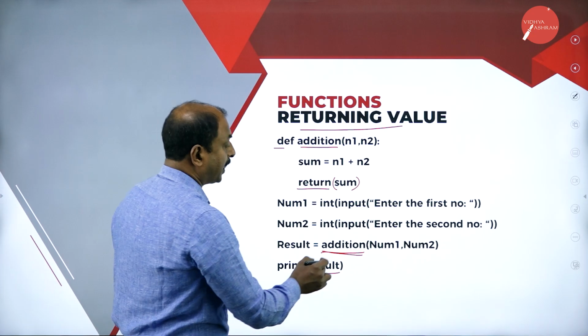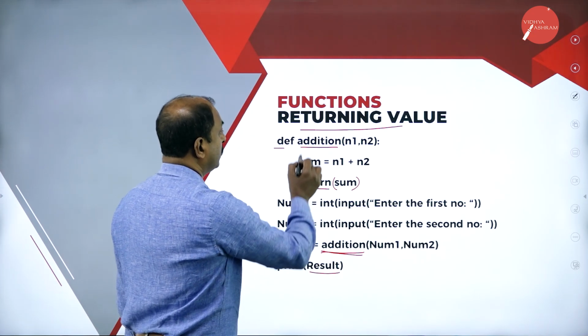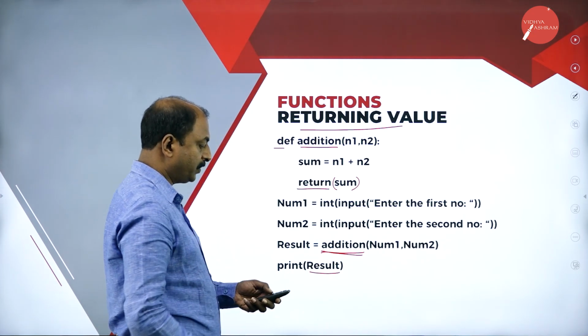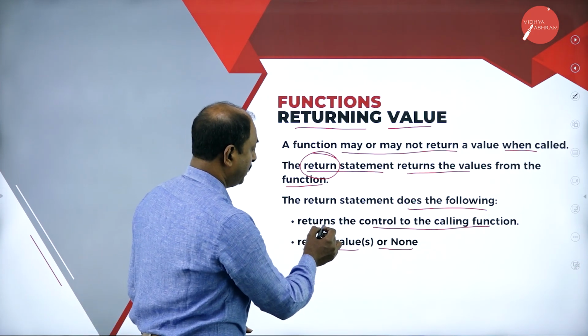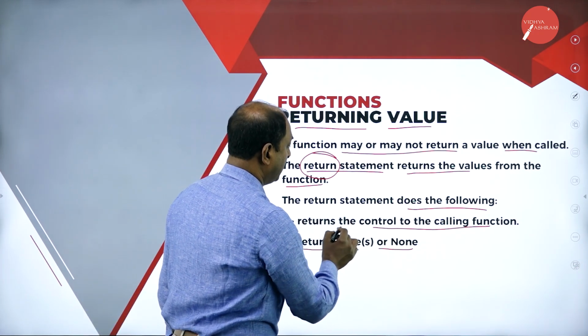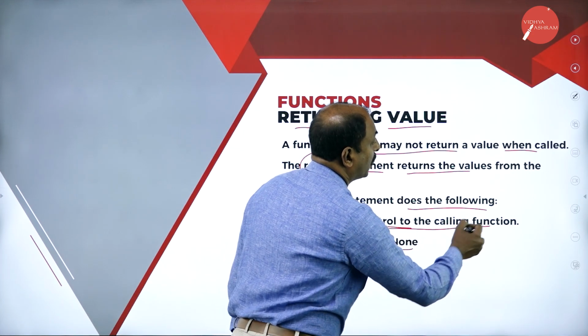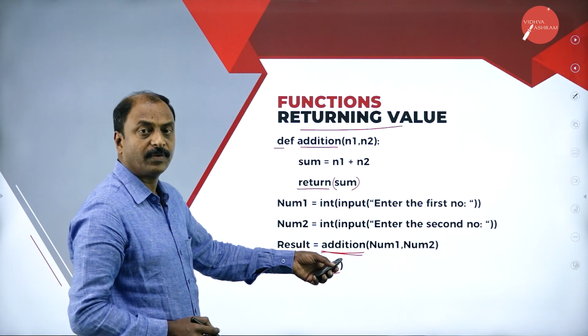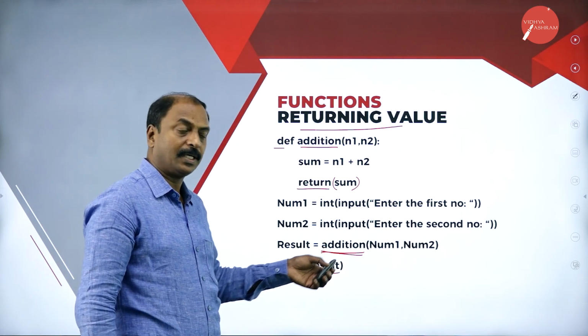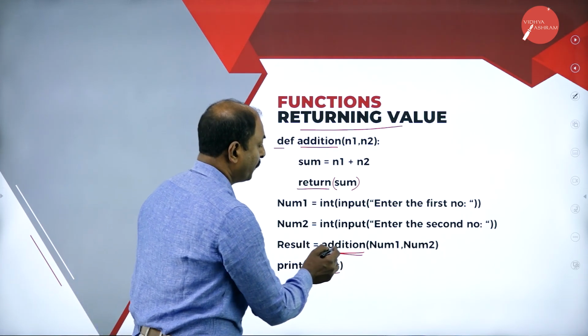Now actually the control transfers from here to this point. What you have seen in the definition in our previous slide is that the function returns the control to the calling function. That is the meaning here.